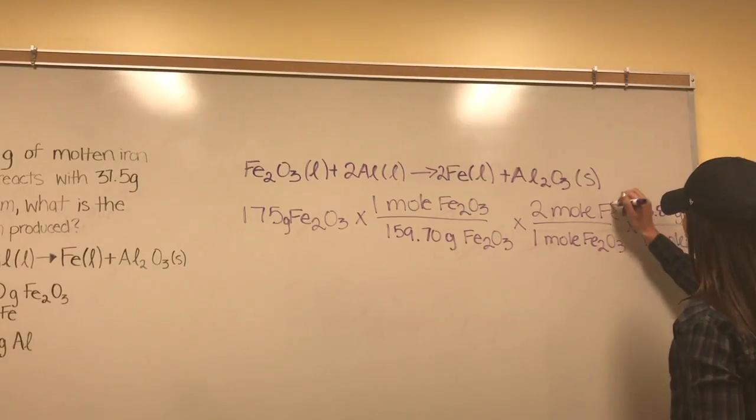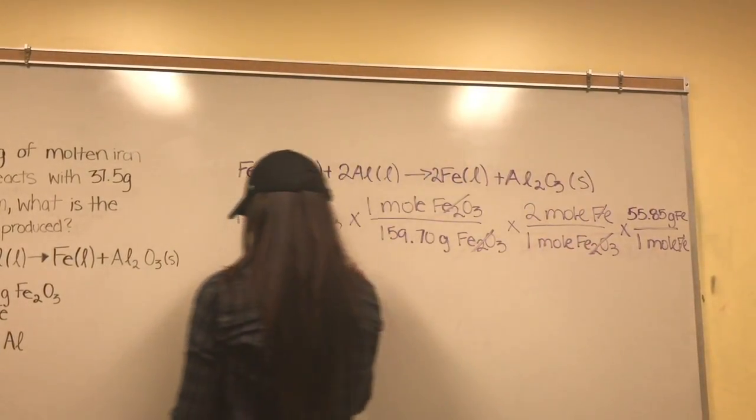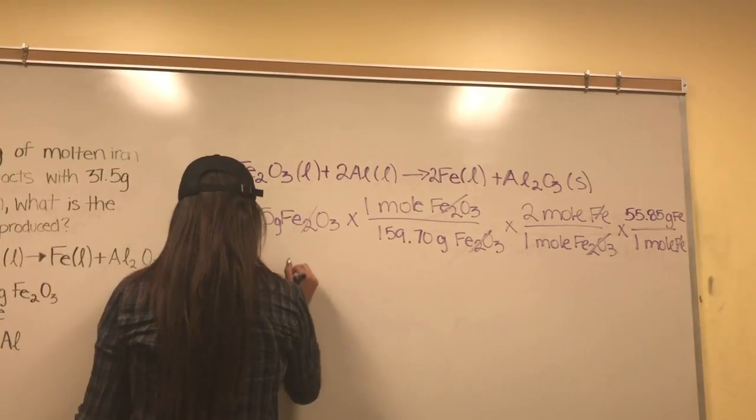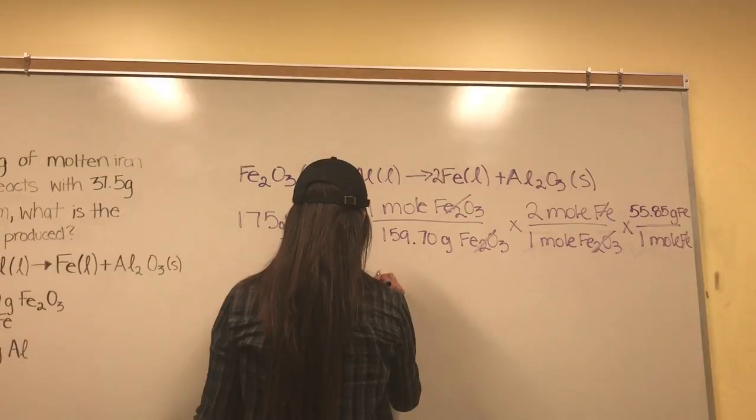So all of these cross cancel each other out, and this equals 122 grams of Fe.